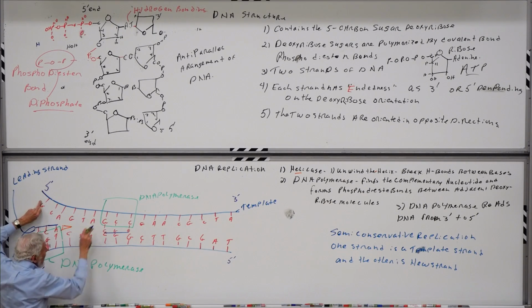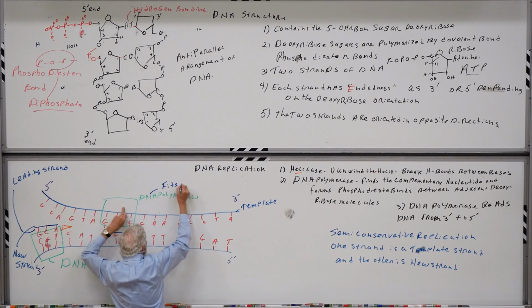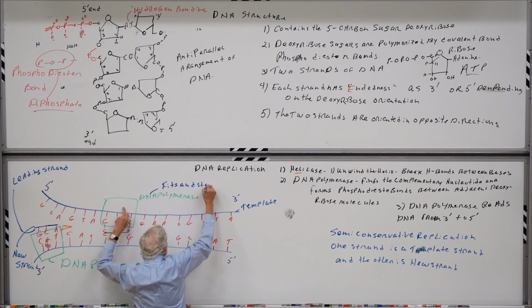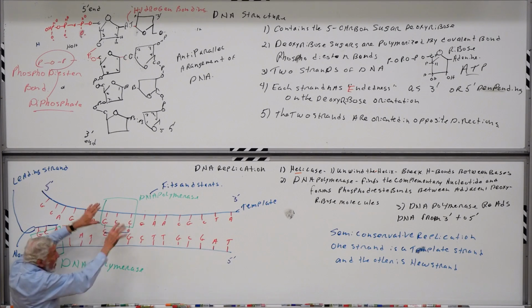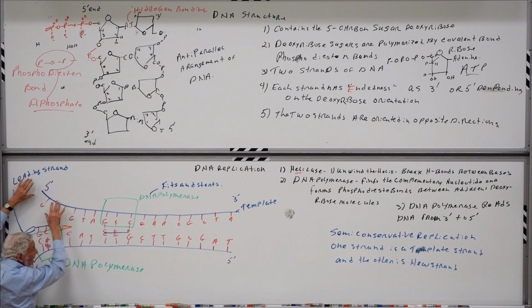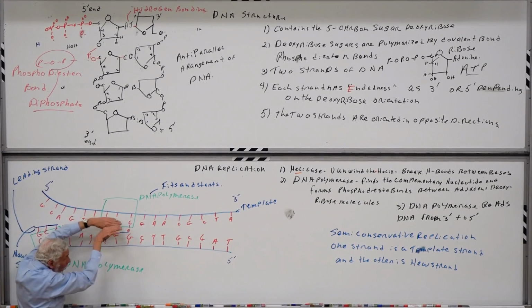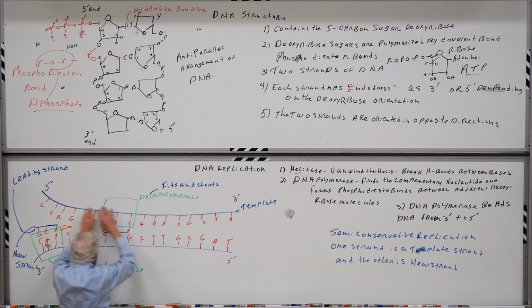But what's happening is this is running 3' to 5'. So this DNA polymerase functions in fits and starts. What we mean by that is that it will find this open 3' end, read it 3 to 5, complete that new strand, and then wait for the two strands to be separated. Another DNA polymerase comes on here and reads it back in the other direction.